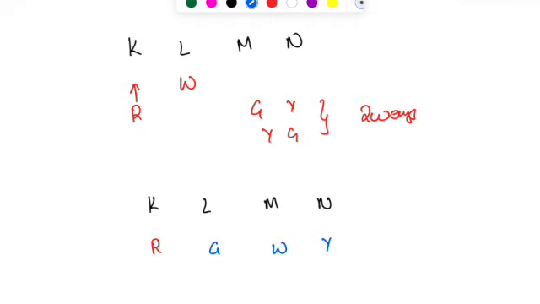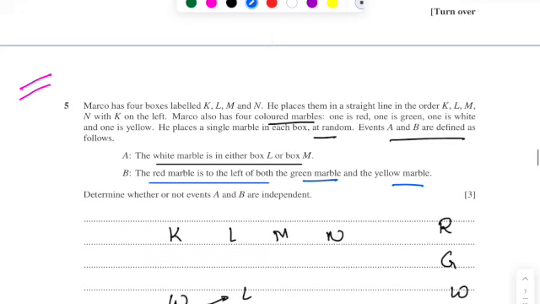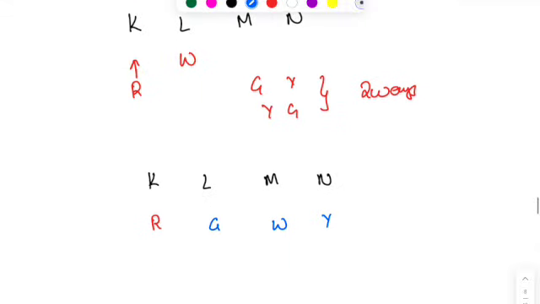G at 2 is invalid because it is not to the right of R. So this is only one arrangement, because he is saying that in this B, the red marble is left to both the green marble and the yellow marble. This is one of the ways.